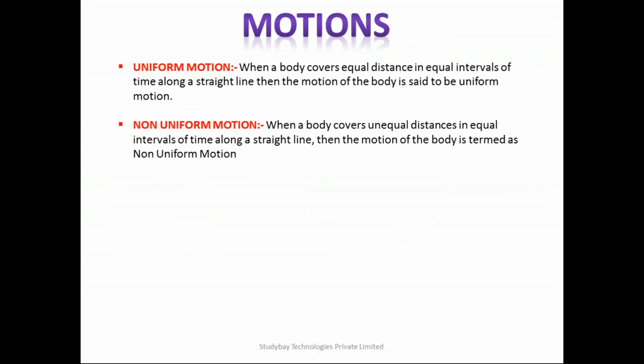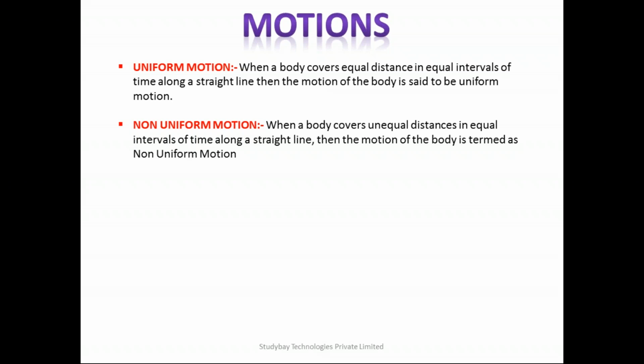Now moving ahead, it's about the motions. The first type of motion is called uniform motion. Uniform motion is when a body covers equal distances in equal intervals of time along a straight line.